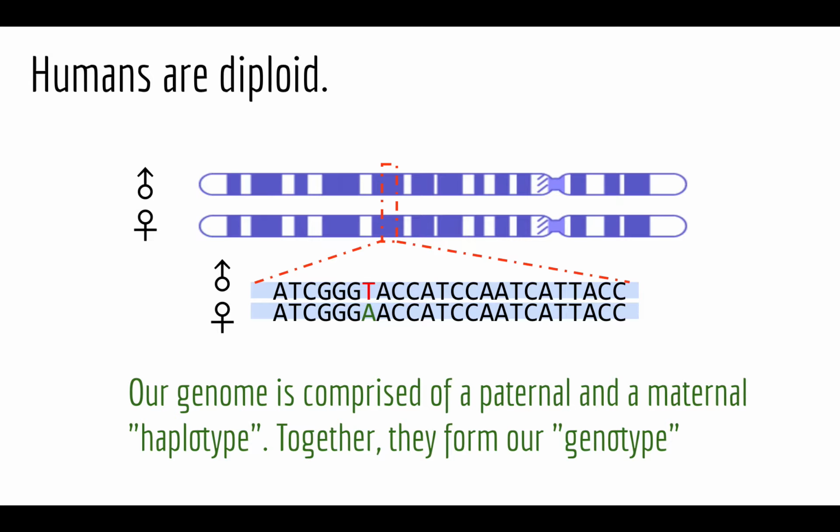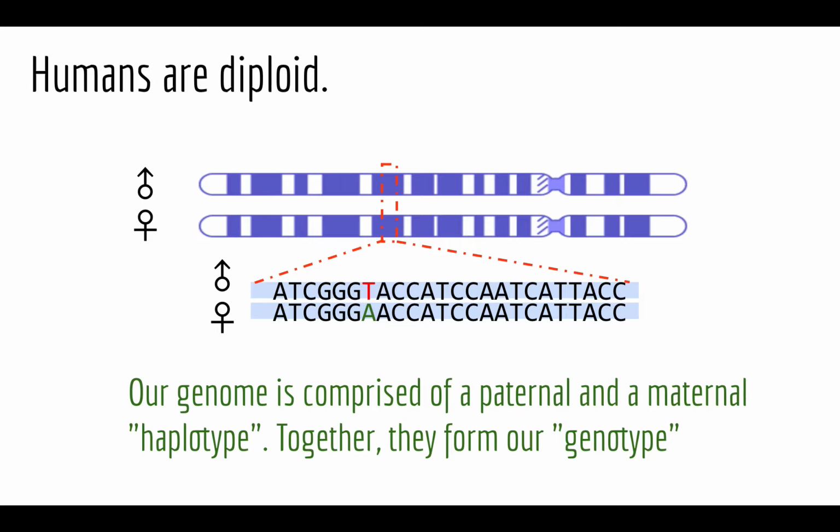Okay, so we've talked about this maybe 10 times now, or at least in 2 different lectures. Humans are diploid. We inherit 2 sets of 23 chromosomes: 22 autosomes from mom, 22 autosomes from dad, and then sex chromosomes that determine our sex. Those are haplotypes. Together they form a genotype.